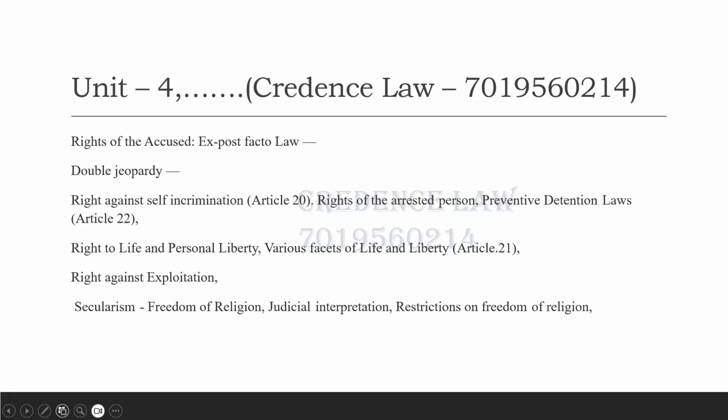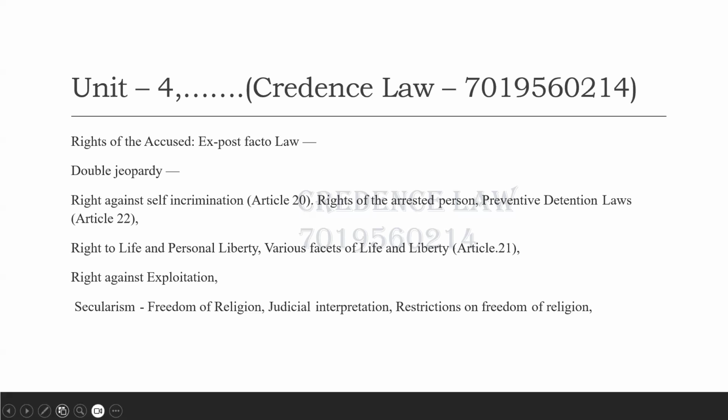And we have Article 25, which talks about secularism, right to religion. In India, we don't have a religion of our own, but all religions are given equal importance because it is made a fundamental right under the Indian Constitution.